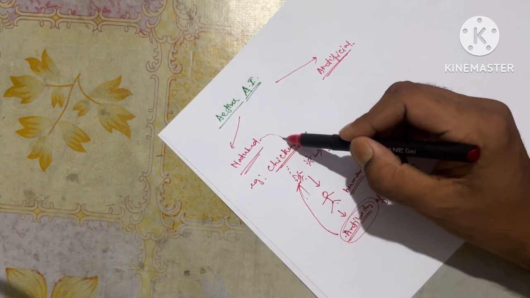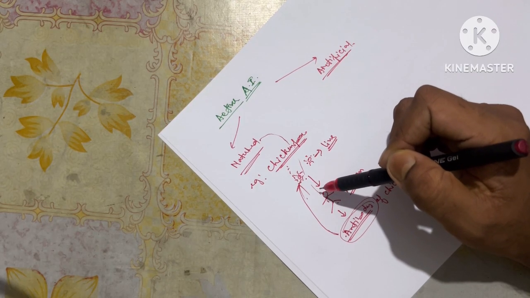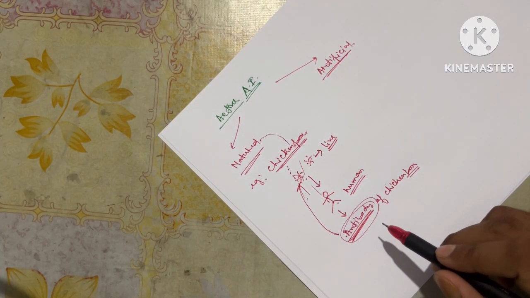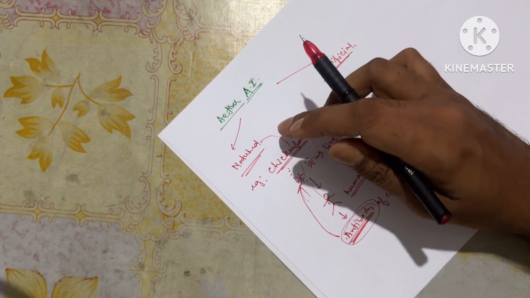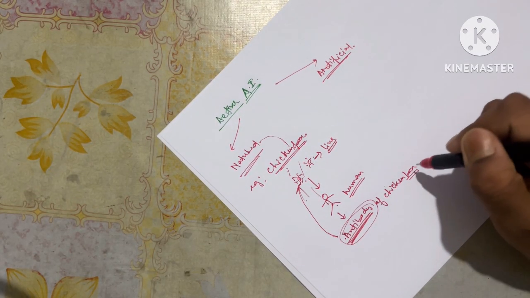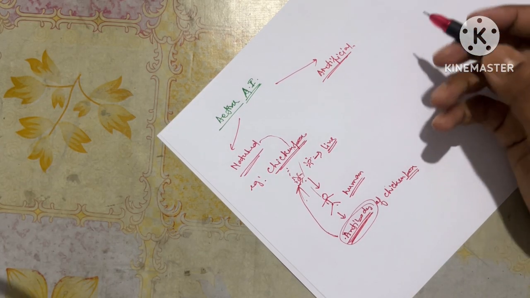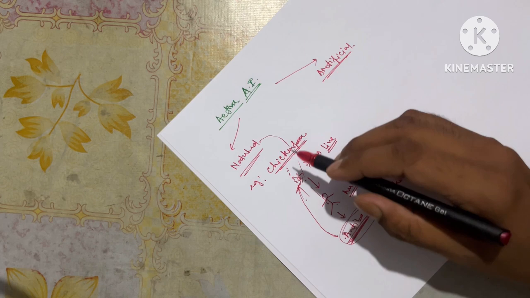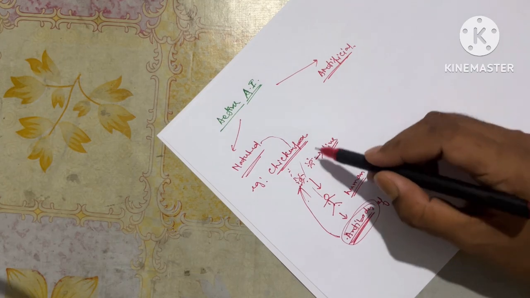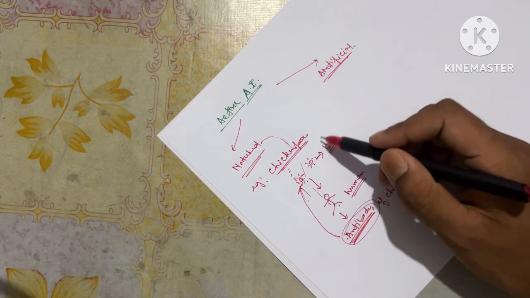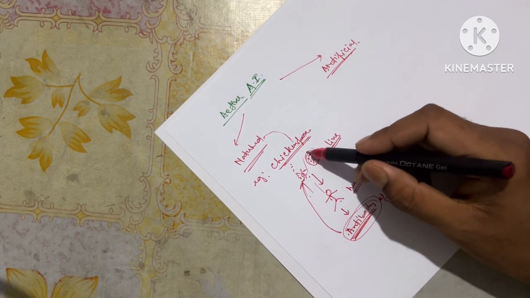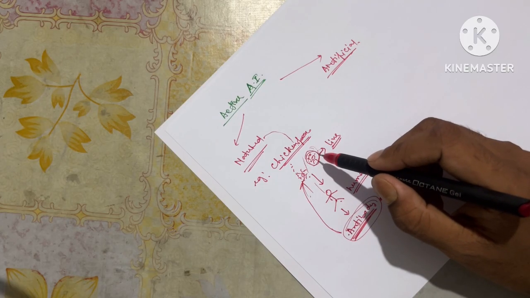Automatically, from nature, it enters his body, and he develops these antibodies against chickenpox. And these chickenpox viruses are very live, very raw, deadly pathogens.